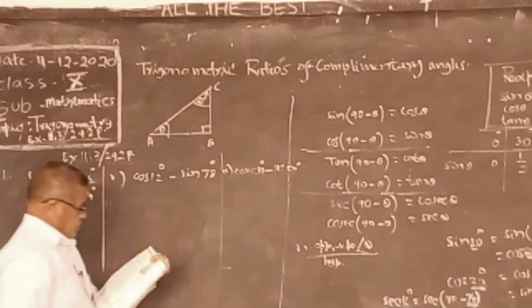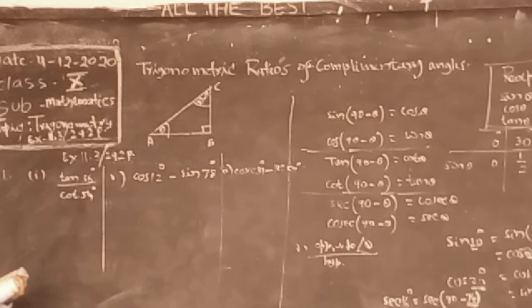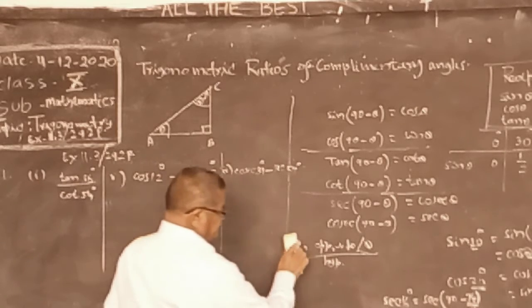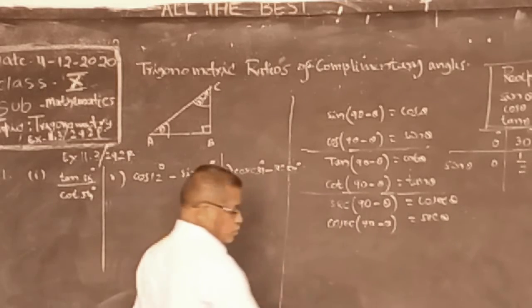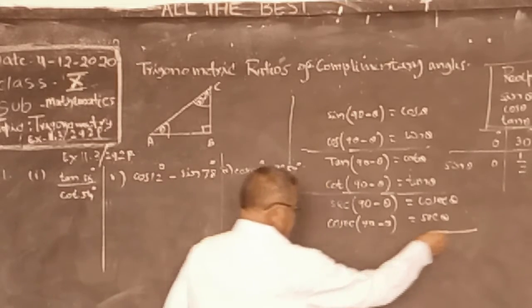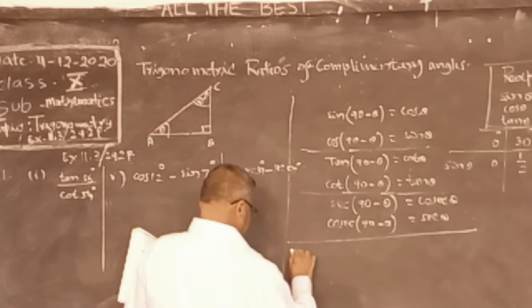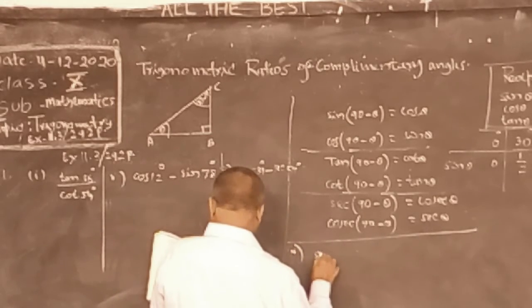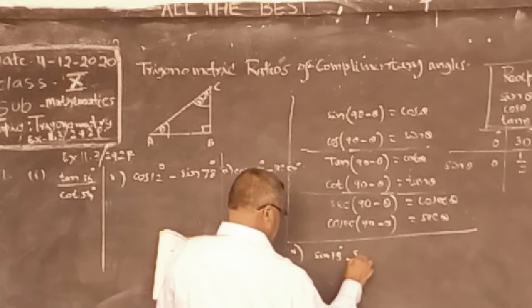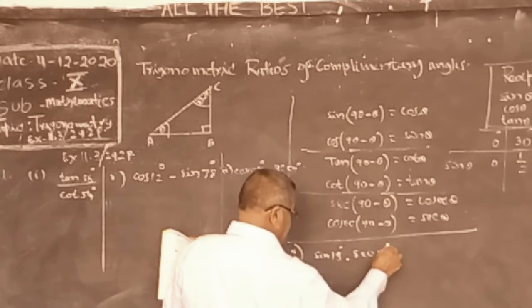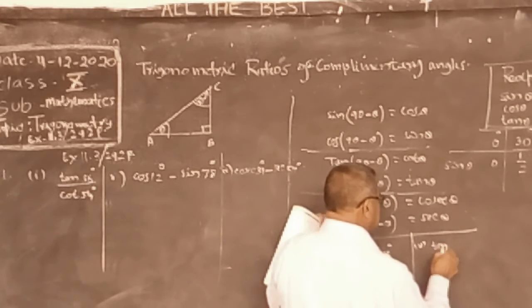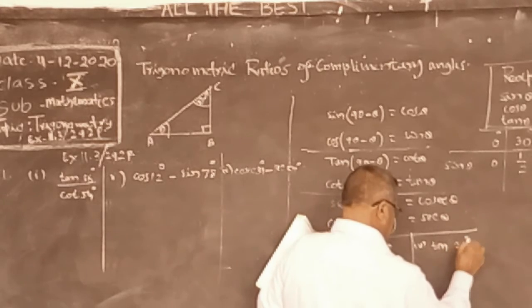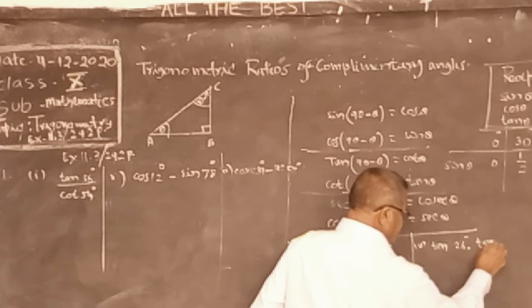Fourth: sin 15 degrees into sec 75 degrees. Fifth: tan 26 degrees into tan 64 degrees.